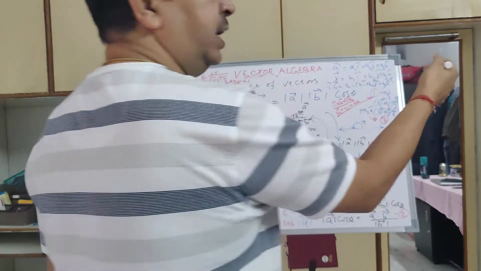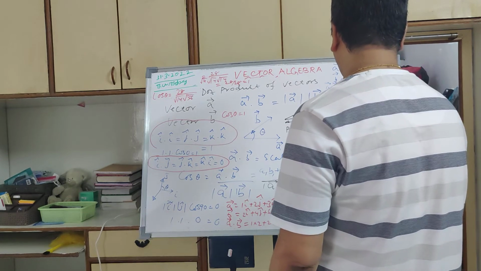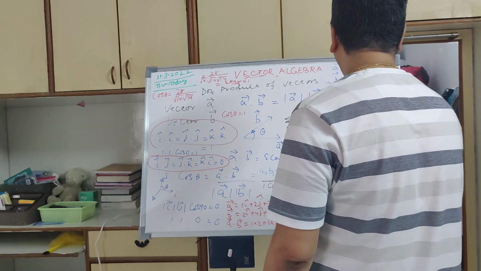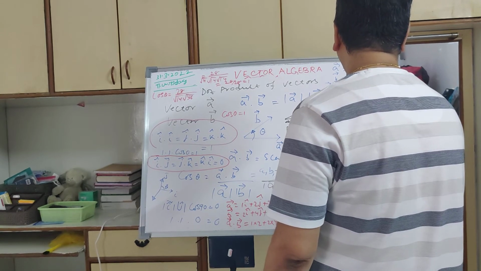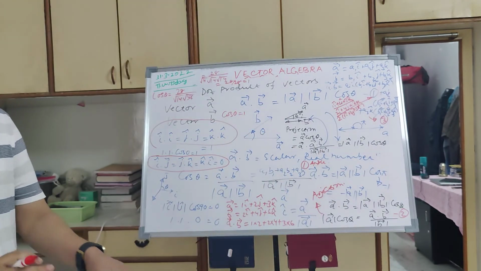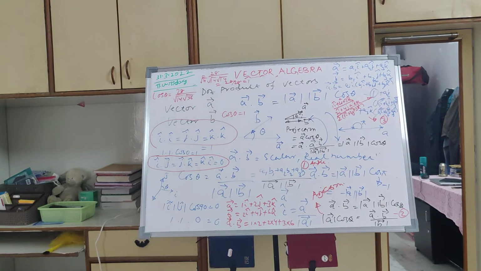So this is just twice the length. This is a scalar multiplication. I am just multiplying the vector by a scalar. It's just the length that is changing, the angle is not changing. That's why the angle between them is 0.